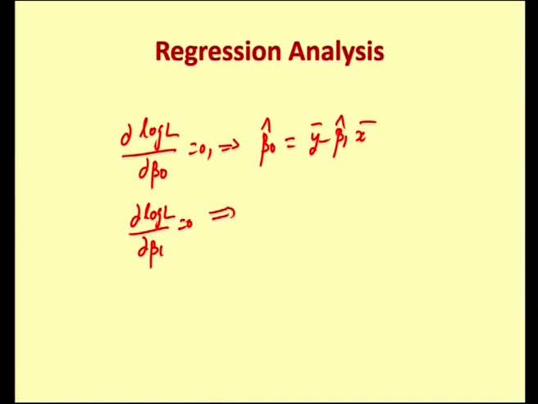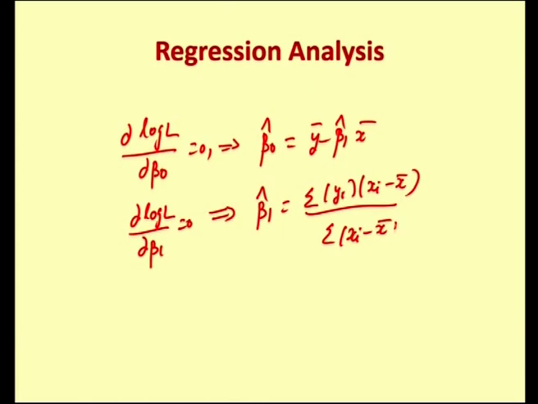By solving this equation, we get the estimator as beta 1 cap is equal to summation yi into xi minus x bar divided by summation xi minus x bar the whole squared, and sigma squared cap as summation yi minus beta naught cap minus beta 1 cap xi the whole squared by n.